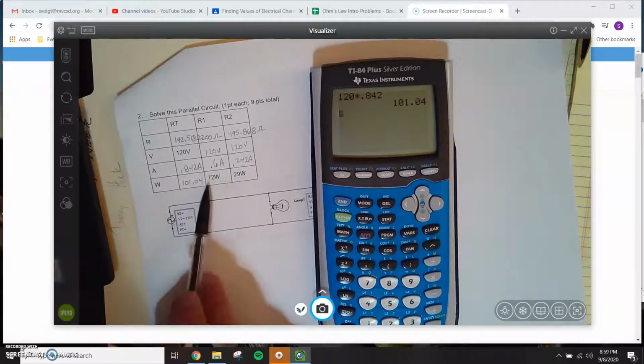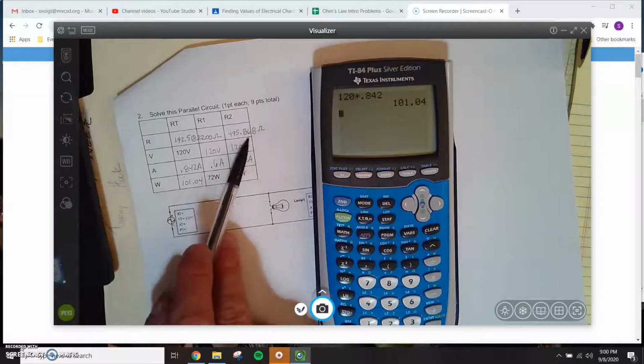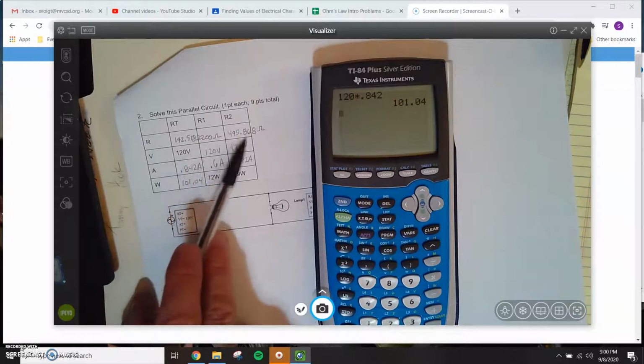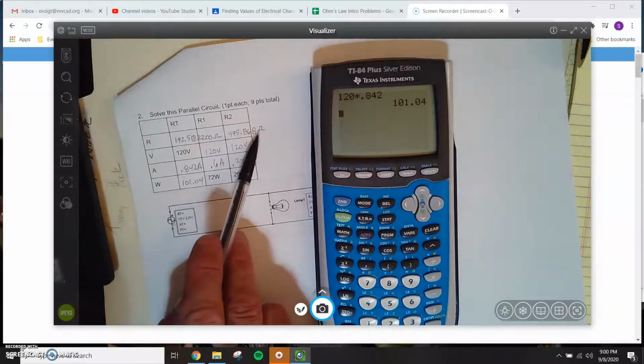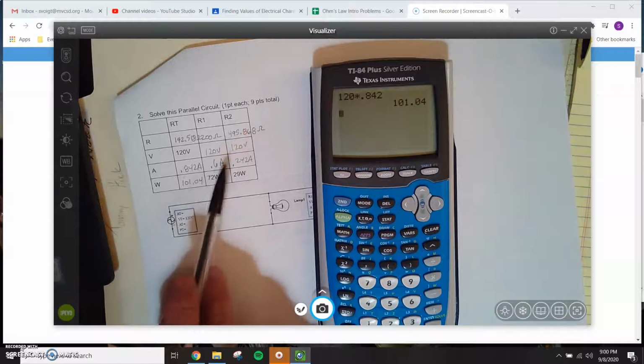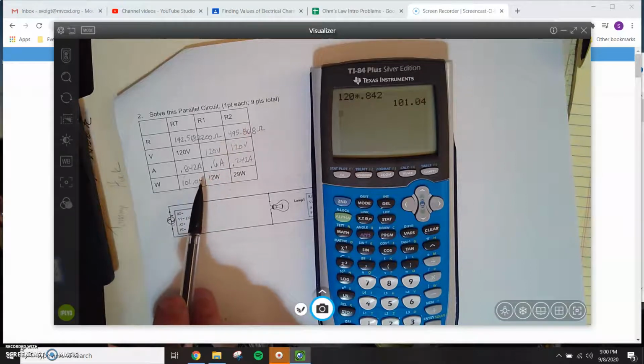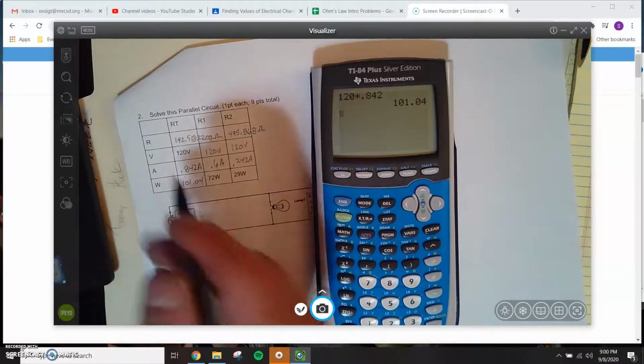So 72 plus 29 is 101. Where do we come up with that 0.04? Well, it comes from us rounding these numbers. When you round, because you saw some of them were much longer than just 3 places after the decimal, it gives you a little bit of error. So when you start doing that, numbers may not match up perfectly, but that's pretty darn close. And we're going to say that's good.